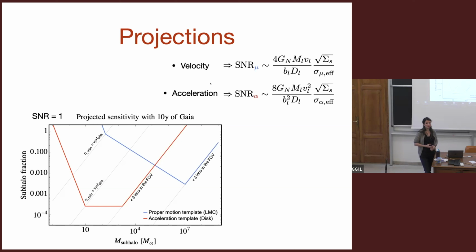But in the future, there are other surveys like SKA, which should measure, for example, very good astrometry for quasars over the entire sky. So that's one interesting future prospect. But also just within Gaia, we can improve.